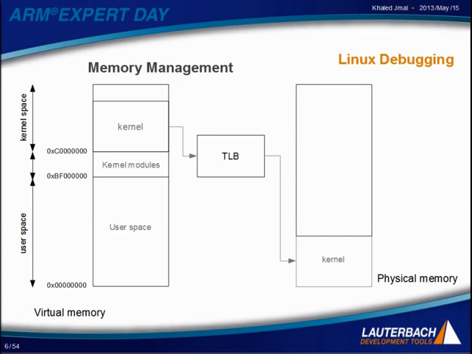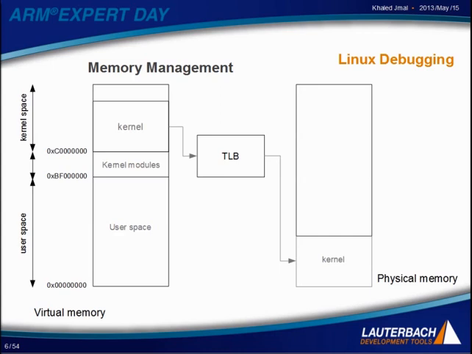And you have the range for kernel modules, which is typically from BF and 6 zeros to the start of the kernel. And you have the user space. The kernel range is only used by the kernel and is always mapped in the TLB.